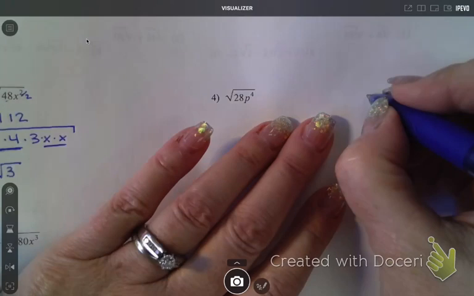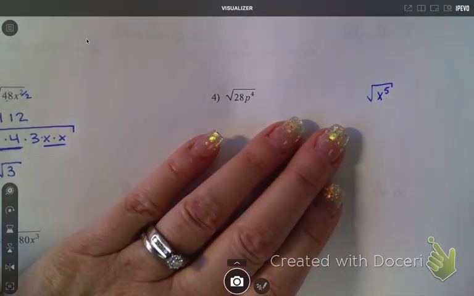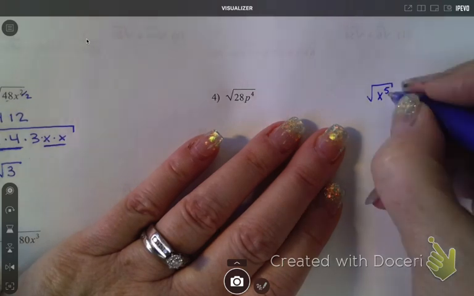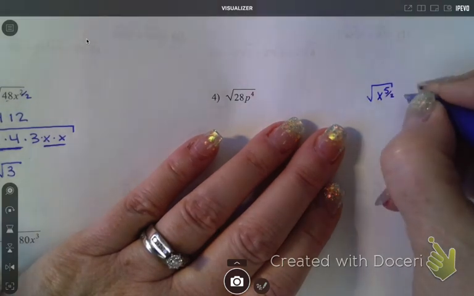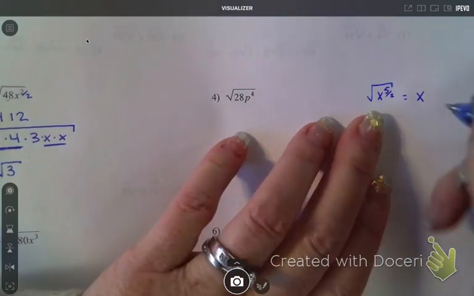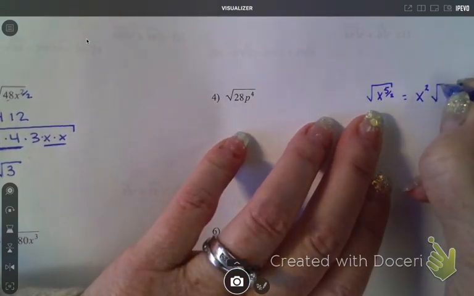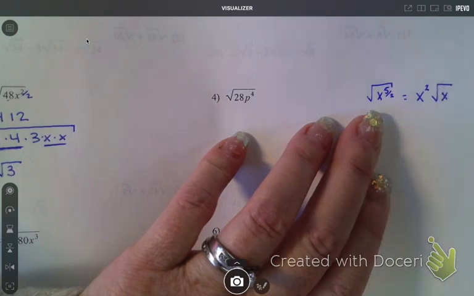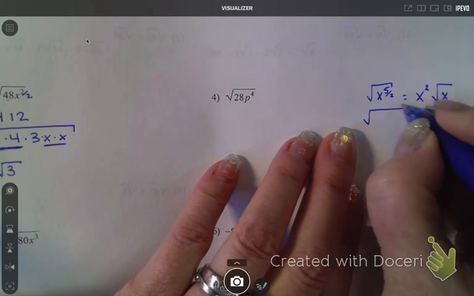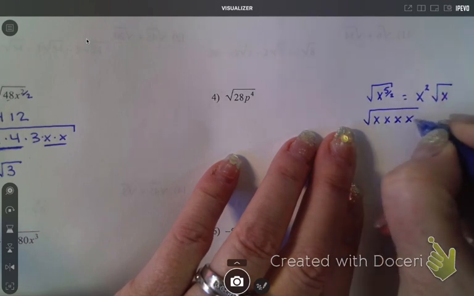If I have the square root of x to the 5th, I divide 5 by 2. How many times does 2 go into 5? Twice, with 1 left over. Because if I wrote this out, x to the 5th would be x, x, x, x, x.